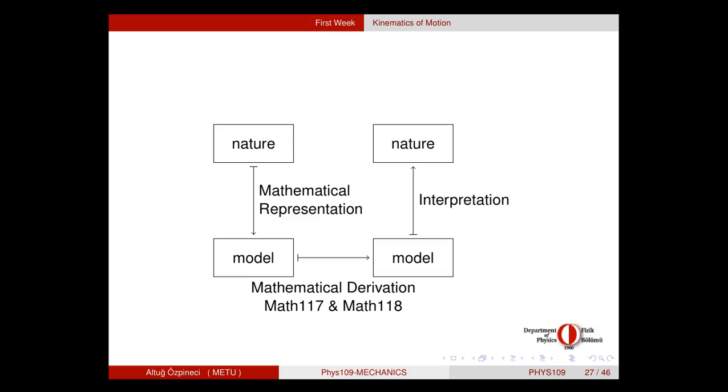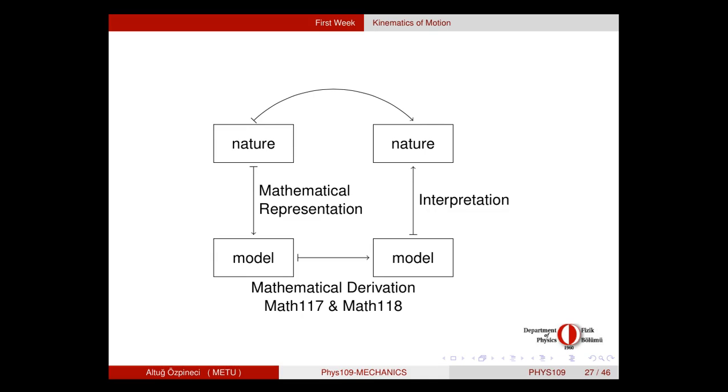And then once we have this mathematical expression, the step that is quite often missed is that we interpret our results. Okay, we find some numbers, but what do those numbers mean in terms of nature? Our eventual aim is to try to understand nature starting from our observations about nature.